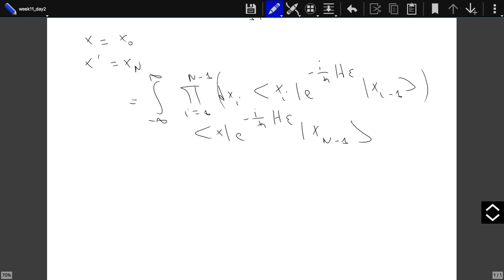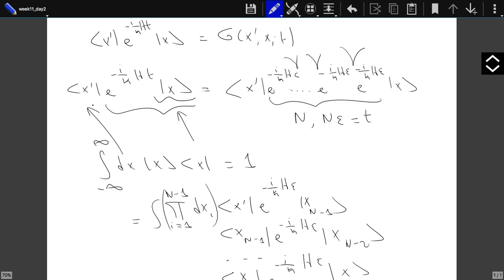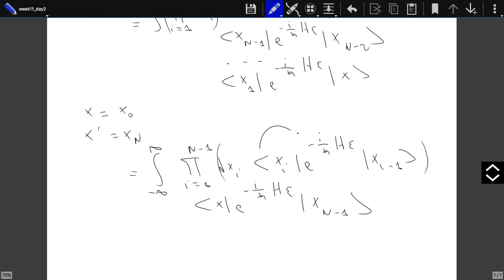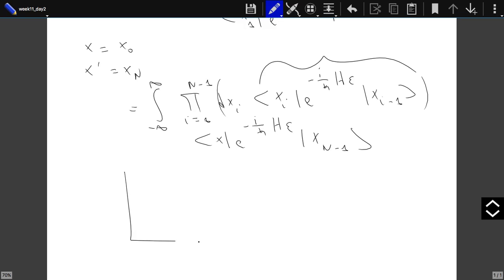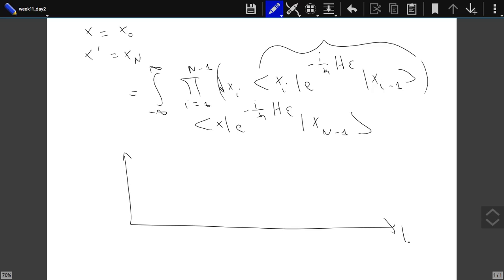Now, what we are actually doing here is, we already said that each one of these matrix elements is nothing but the amplitude for the particle to go from x to x' in a time t. If you look at each one of these terms, this is the amplitude that a particle starting at x_{i-1} goes, in a time epsilon, to the point x_i. So this is our particle. This is as a function of time, and this is x.